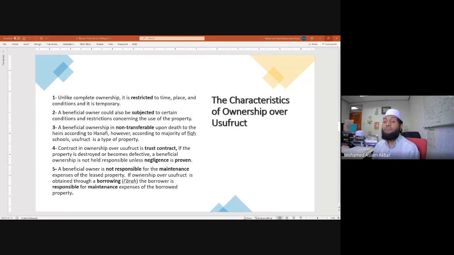The answer is, it is not the tenant. It is not the beneficial owner. It is the real owner. The real owner is the person who is supposed to do maintenance. So he is responsible unless negligence is proven.